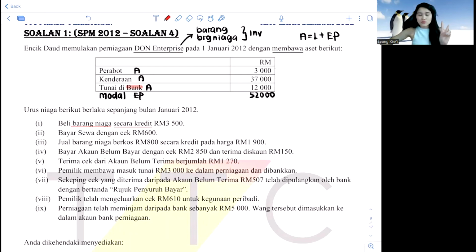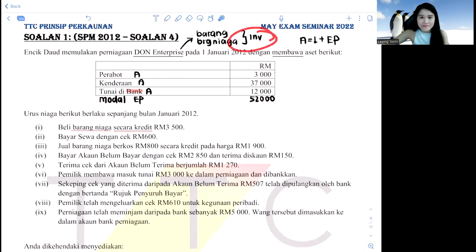We have to change it into two things. Number 1, barang niaga, I already gave you the answer. If you can see it up here, barang niaga must be inventory. So the payment method can be either bank or no payment, which is secara kredit. So here they already said it's secara kredit, right? Should I call it akaun belum terima or akaun belum bayar?